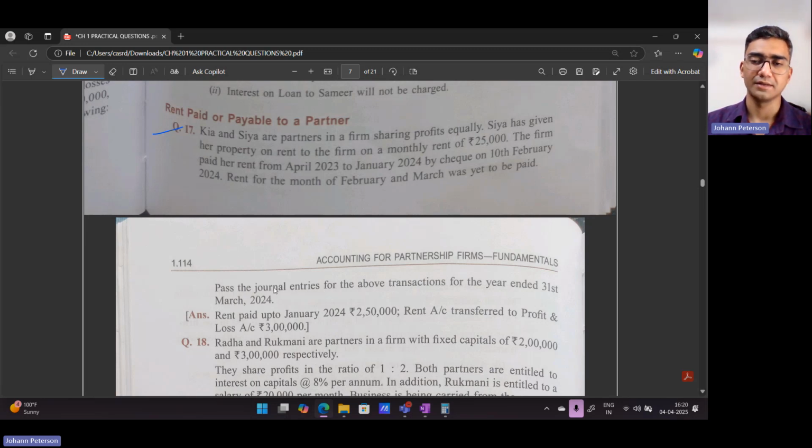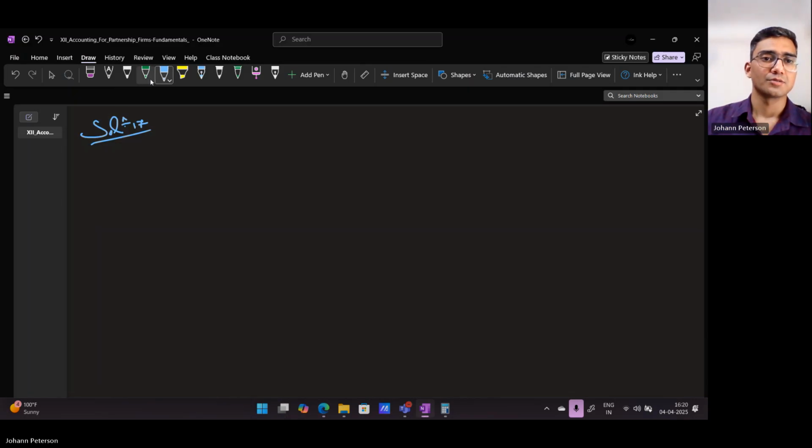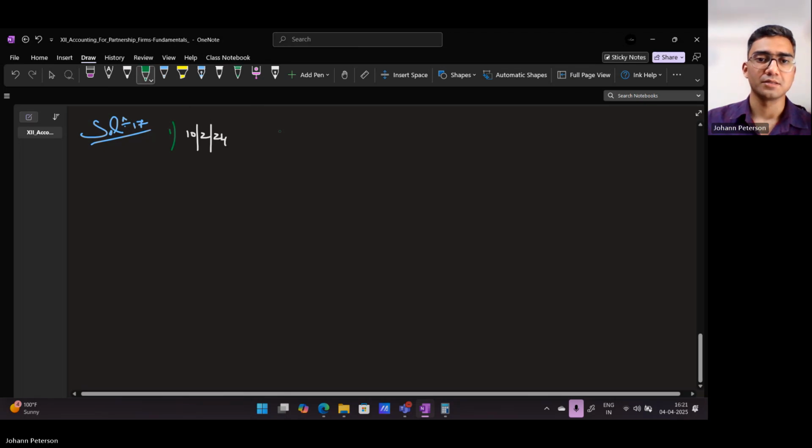So at the year end, what are the entries that we are going to show? Before that, let's show the amount being paid off also. So our first entry is rent account. Let's put the date as well. It's 10th of Feb 24. Here we will write rent account debit.